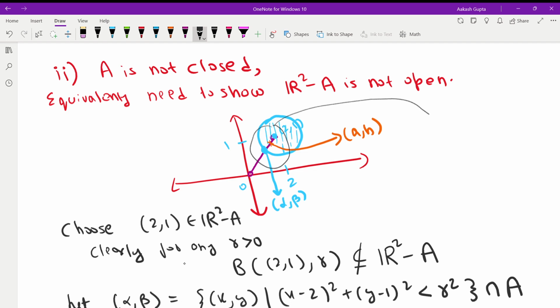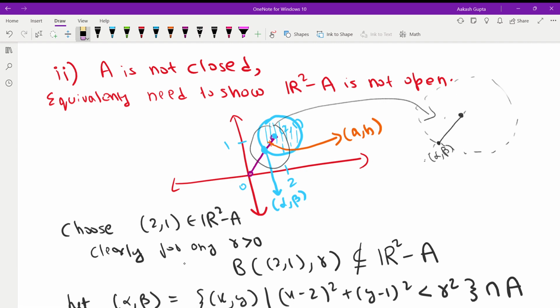If you want to magnify this thing, so what's happening here? You have some ball of radius r.